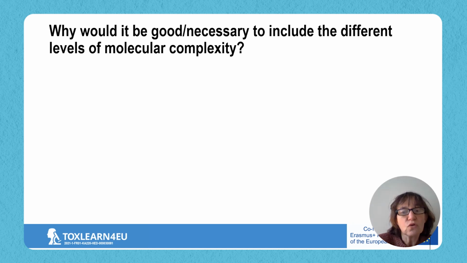Why would it be good or necessary to include the different levels of molecular complexity when you want to do risk assessment? Well, often the adverse outcome that you see, for example, a change in reproduction, is not easily linked directly to the exposure of one or certain stressors. So that is one reason. At lower levels of complexity, the linkage to the exposure is more easily detectable.